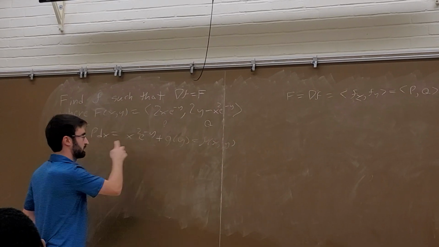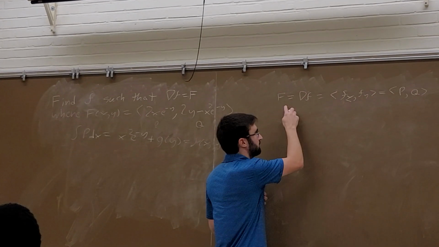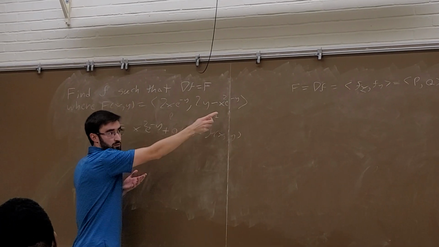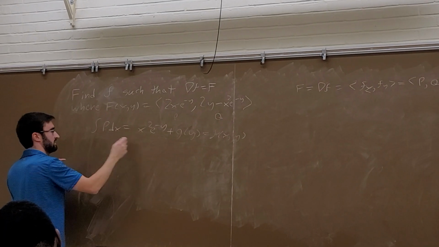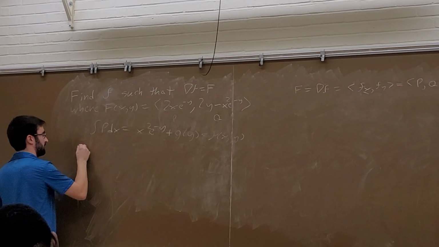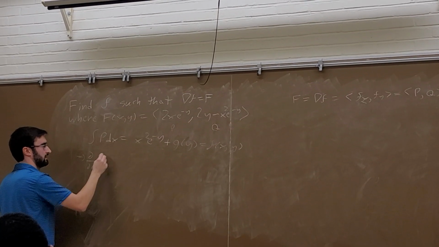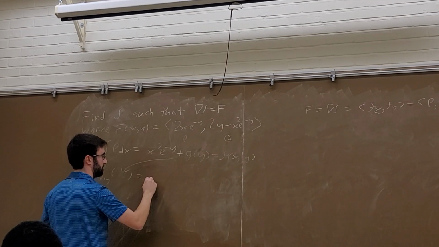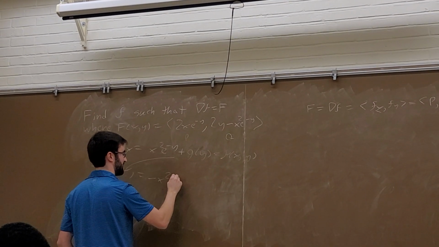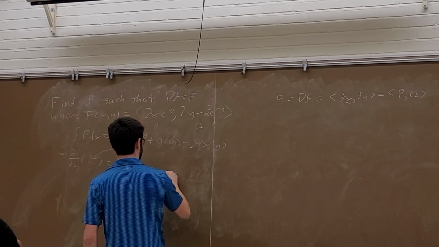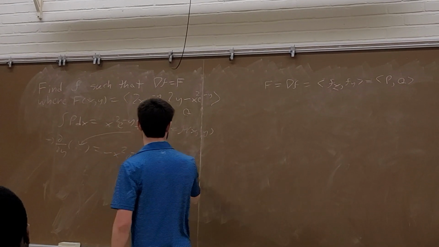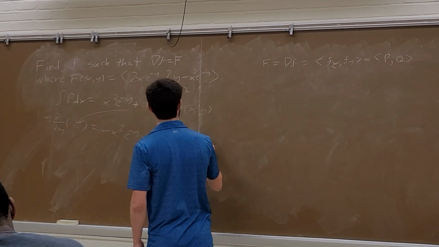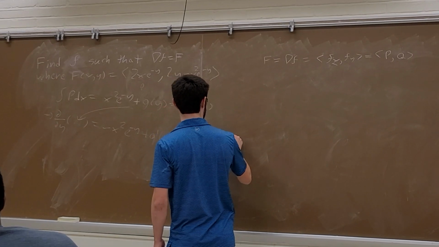So now we'll take the partial with respect to y, and if this relationship holds, it has to be equal to f sub y, or q, because q would then be f sub y. So if we take the partial of that with respect to y, you have d over dy of that stuff right there. That'll be minus x squared e to the minus y, plus g prime of y, which then has to equal q, which is 2y minus x squared e to the minus y.